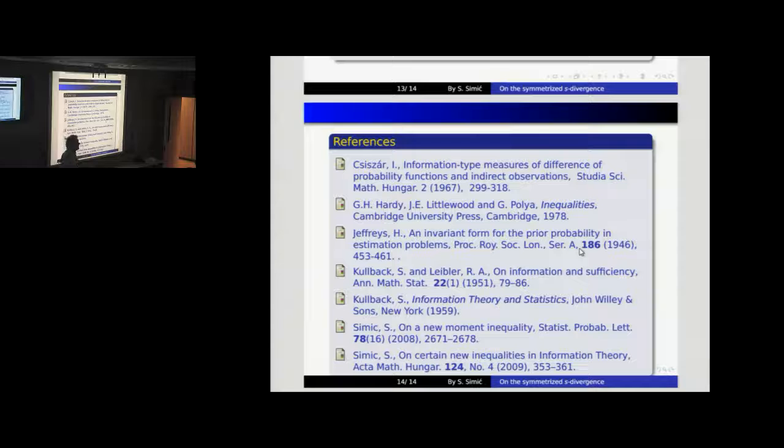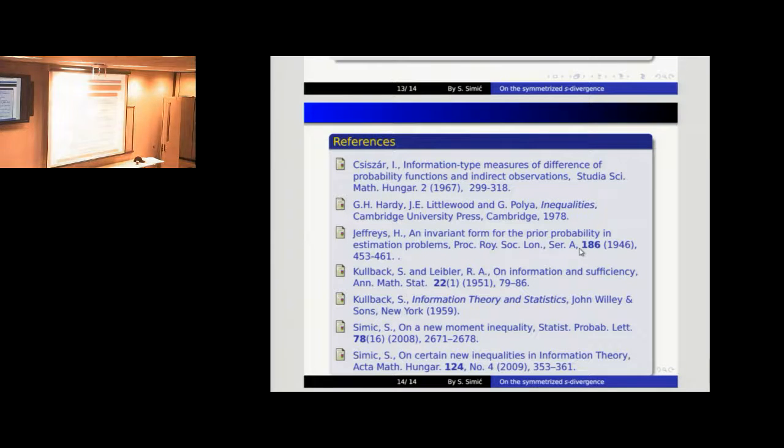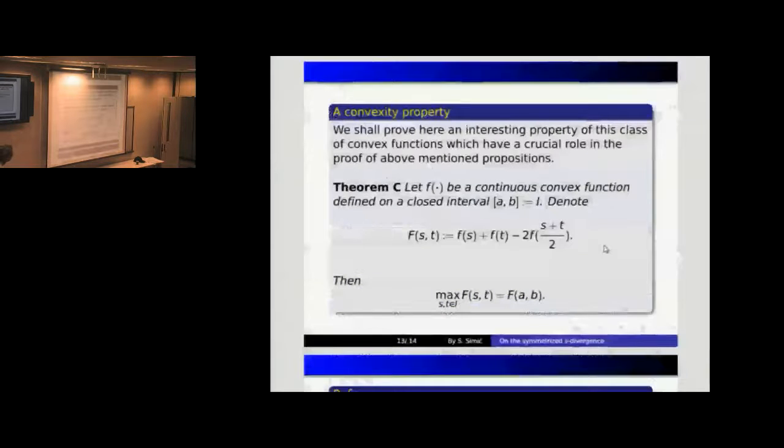Yeah. The last one, you have a maximum. Excuse me? Last function, you have a maximum. Yes, I will show it. So this means that the function f of S and T is concave, isn't it?